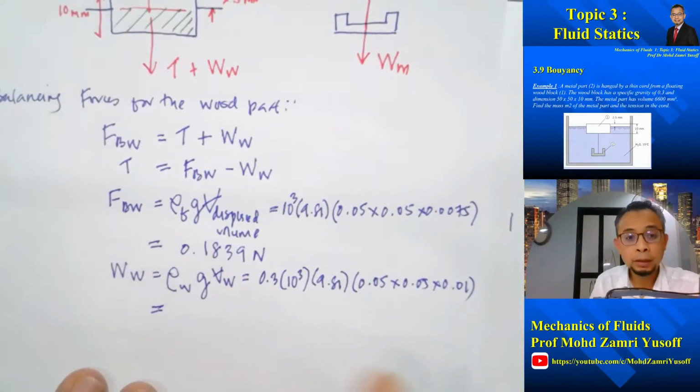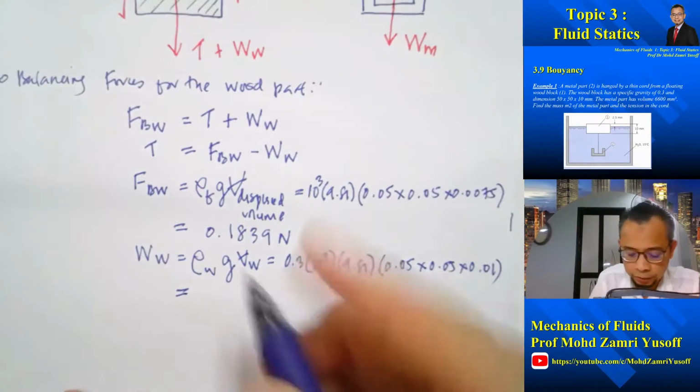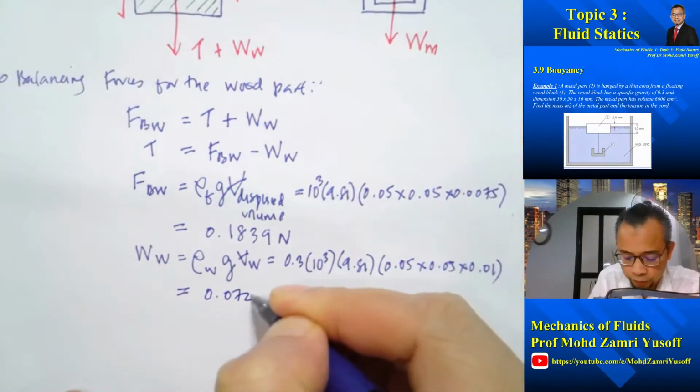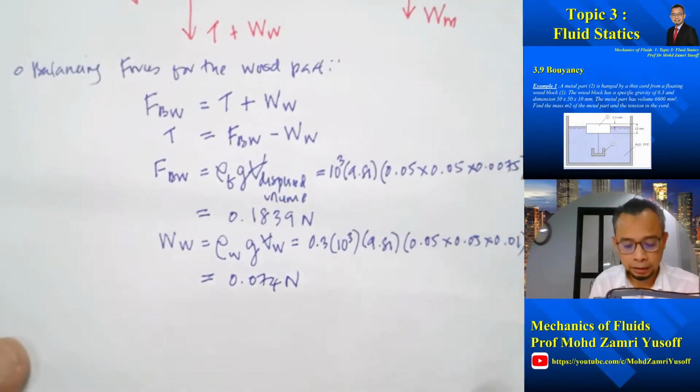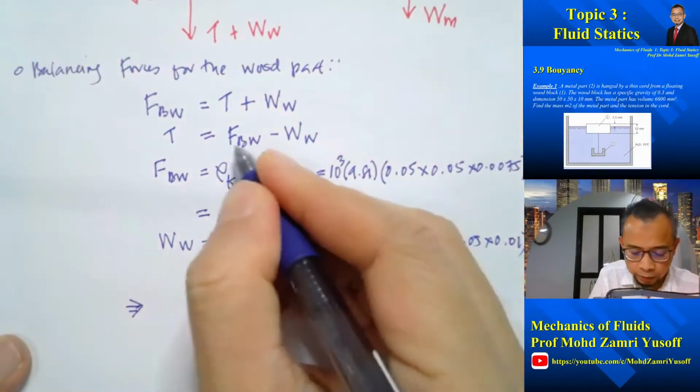That gives me the weight of the wood equal to 0.074 Newton.